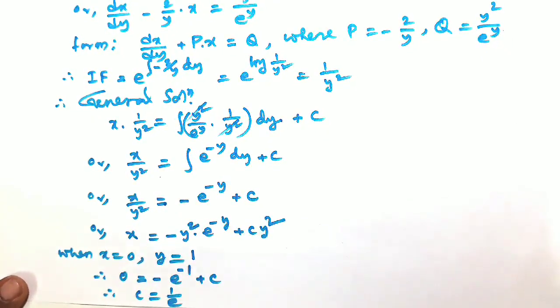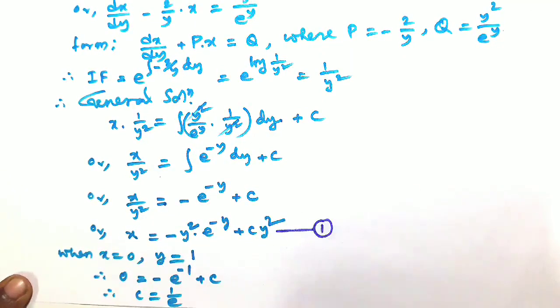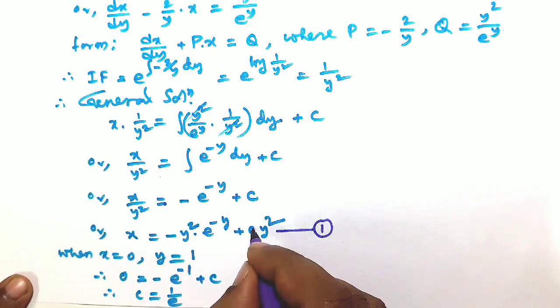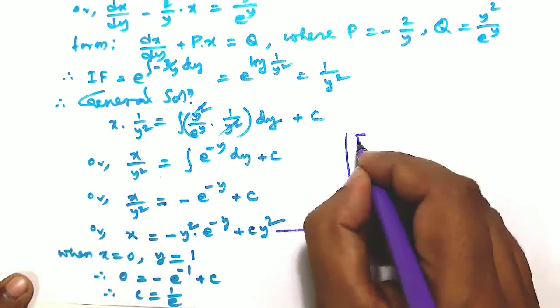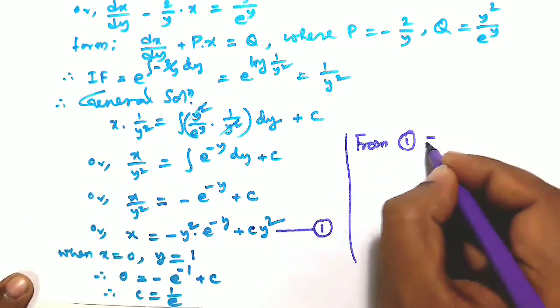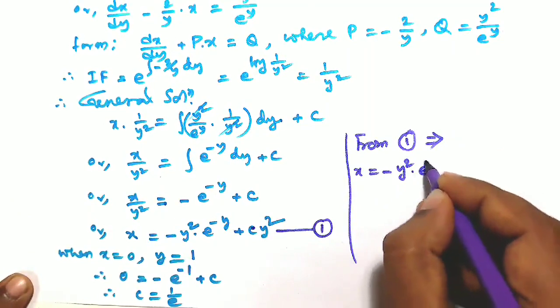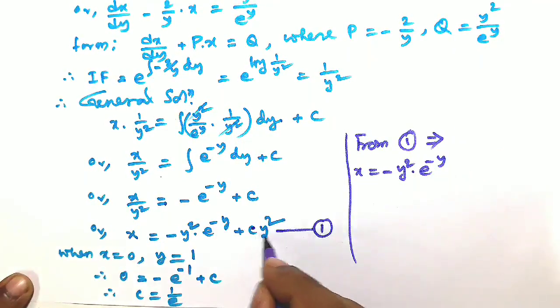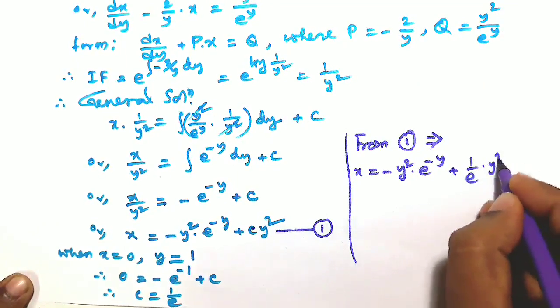So friends, actually our step is this one. In this step, we replace c is equal to 1 by e. So from 1 we get x is equal to minus y square into e to the power minus y plus c into y square, c is equal to 1 upon e, y square.